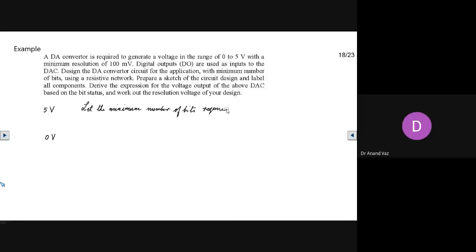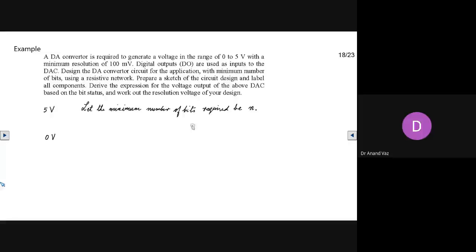When you do a problem, you should do it with steps. I may miss some steps here, but you will have to be careful. So let the minimum number of bits required be n. So we are assuming that we have an n bit converter. It could be 4, 5, 6, 7, 8, whatever.